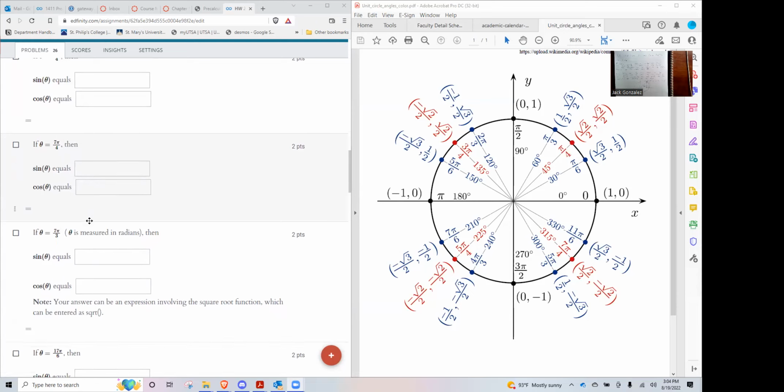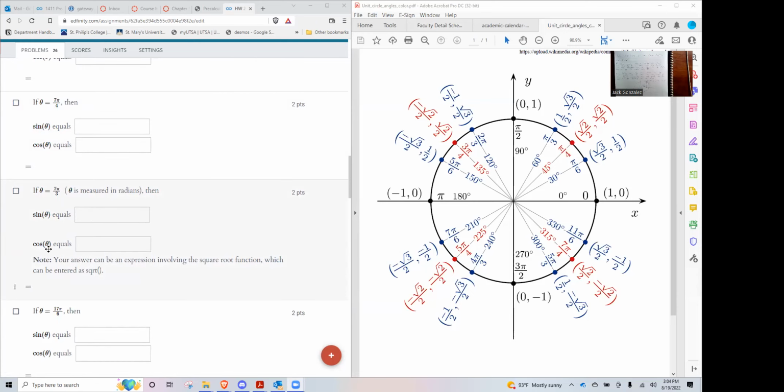Same deal. Nothing crazy. Now, if you get an angle that's large, these are, I think, bigger than 2 pi, right? Because 2 pi is 3.14 times 2, about 6.3 something. Let's just do 3.14 times 2.